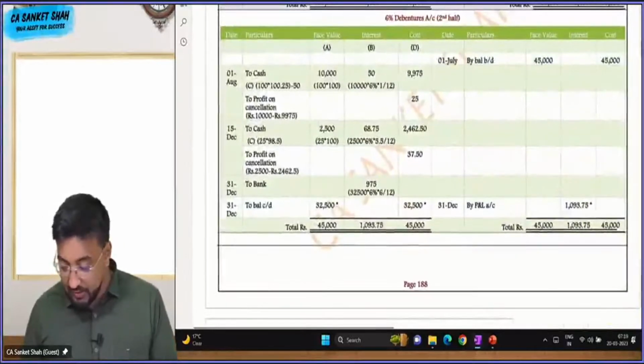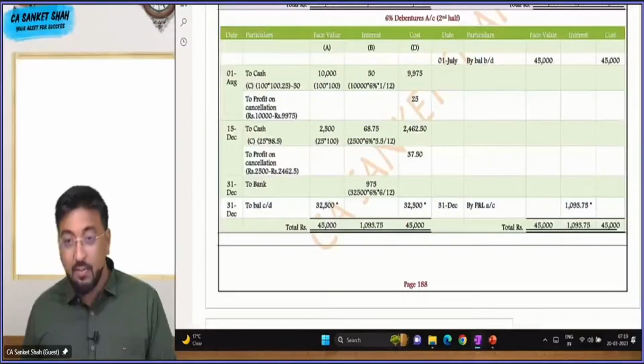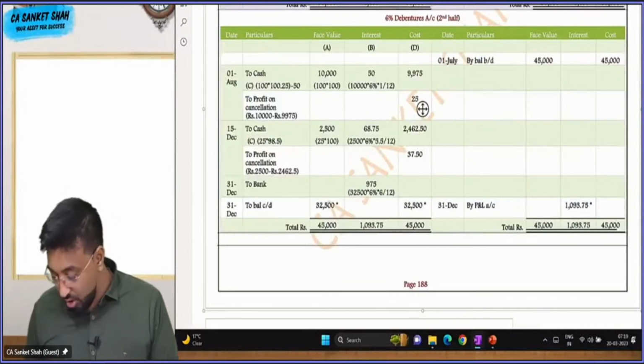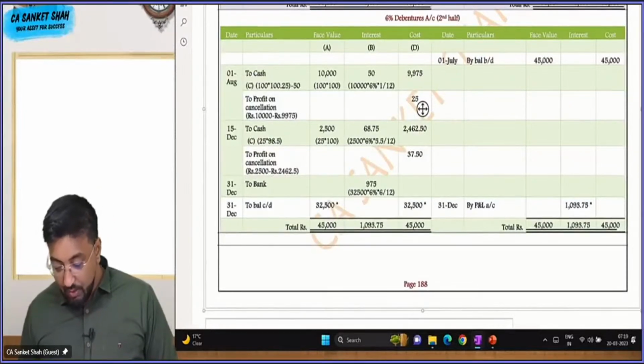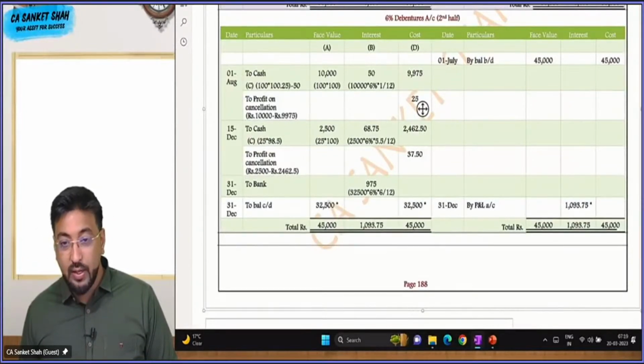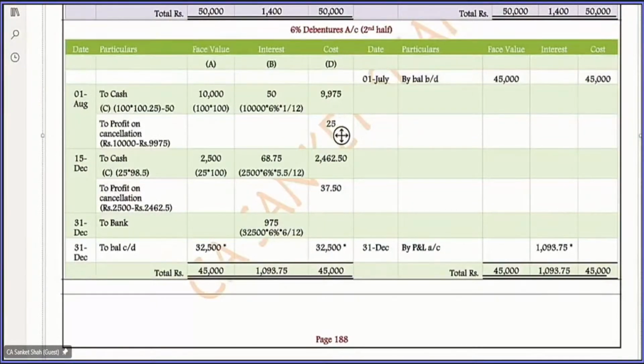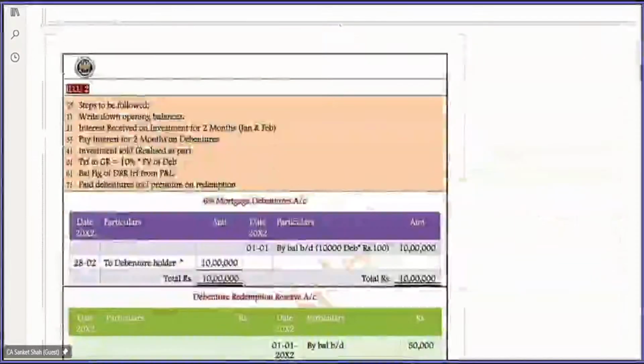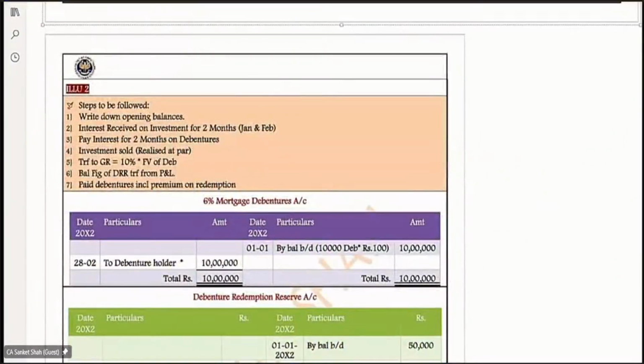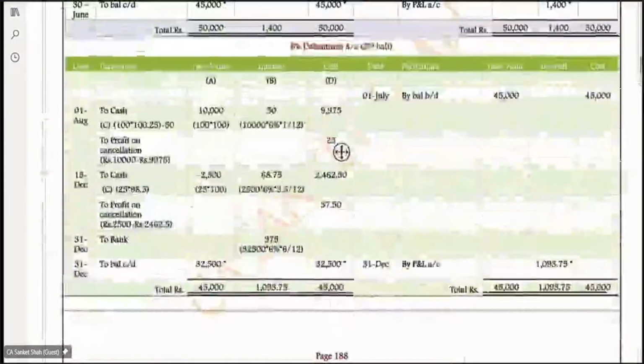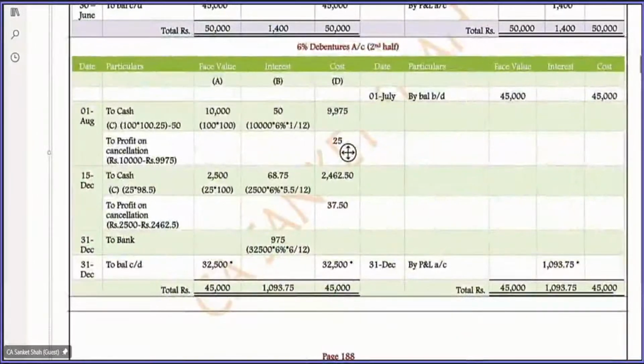Now you can see this second half answer, you can take a screenshot. How much P and L balance you are getting in the second? Yes, in second half. Yes, tell me what is the interest amount that you transferred? Interest amount you transfer it to P and L. Yes, first answer my questions. Interest you transferred to P and L.